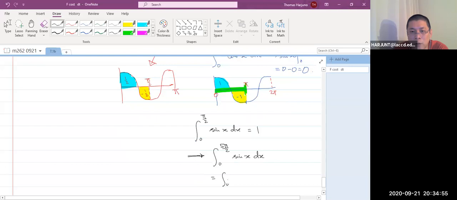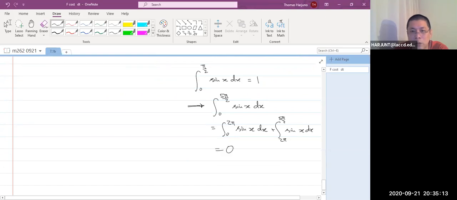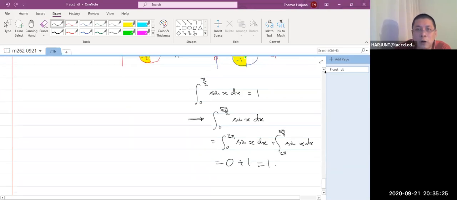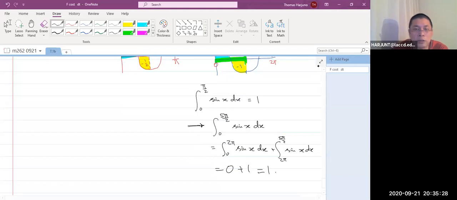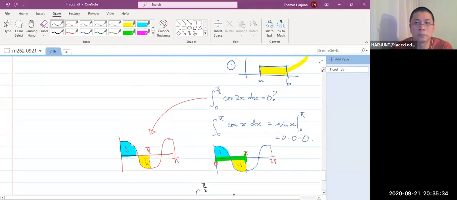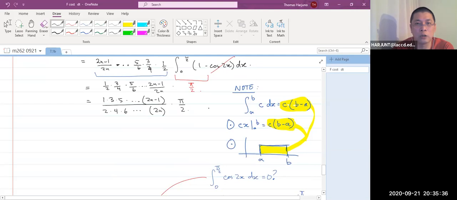This is integral from 0 to 2 pi of sine x, that's one period, they cancel each other, plus integral from 2 pi to 5 pi over 2 of sine x dx. That's equal to 0, plus 1, that's equal to 1. But what I did here is more into the understanding of how the integral works. You see that integral as the area under the curve. Okay, anyway, I'm done with what I need to prove here.